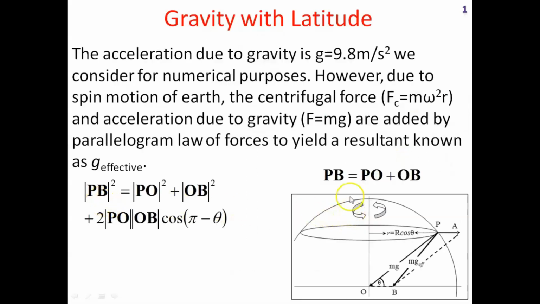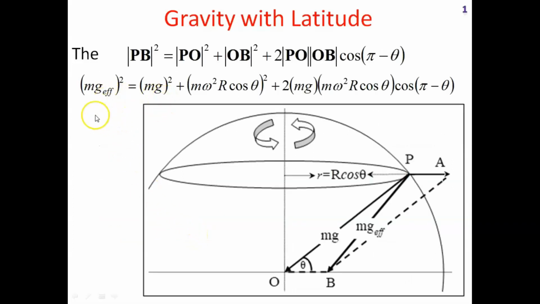Now from the geometry we have PB bar equal to PO bar plus OB bar, and magnitude PB square is equal to magnitude PO square plus magnitude OB square plus twice magnitude PO into magnitude OB into cos of pi minus theta. Now substituting respective values, we are finding the effective gravitational force along the resultant, that is the PB vector.